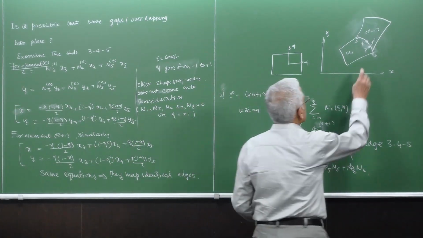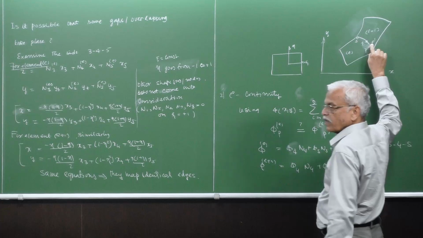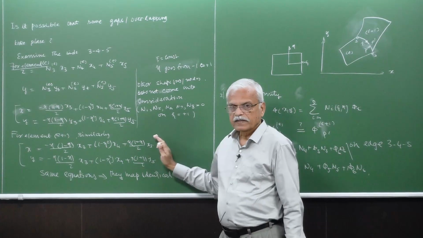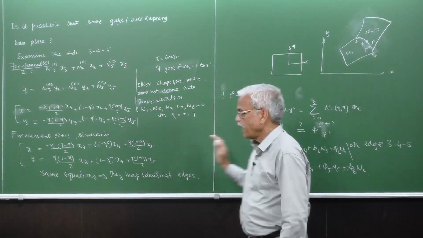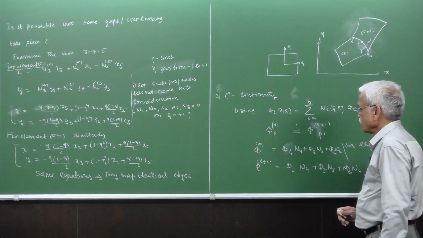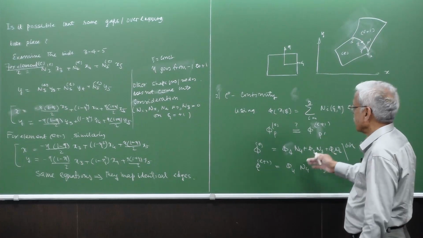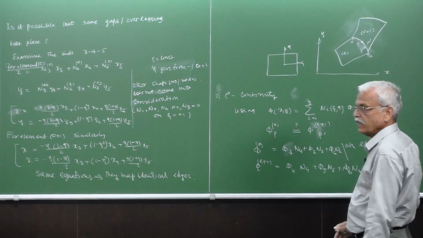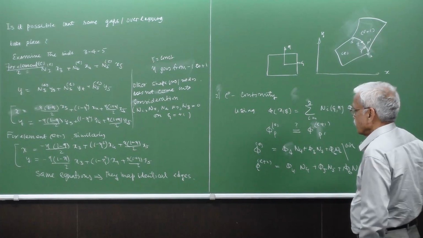Obviously, if you have two neighboring points here, they are mapped from this xy, and so they correspond to the same xi, same eta. These two correspond to the same eta, and of course xi being plus 1.